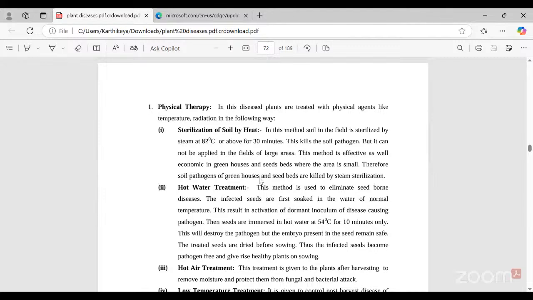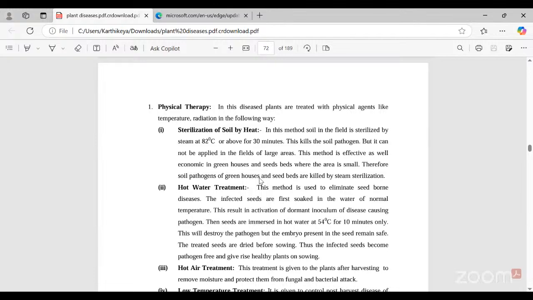This kills the soil pathogen, but it cannot be applied in fields of large areas. This method is effective as well as economical in greenhouses and seed beds where the area is very small. Therefore, soil pathogens of greenhouses and seed beds are killed by steam sterilization.